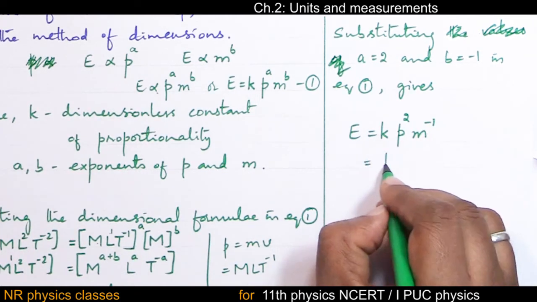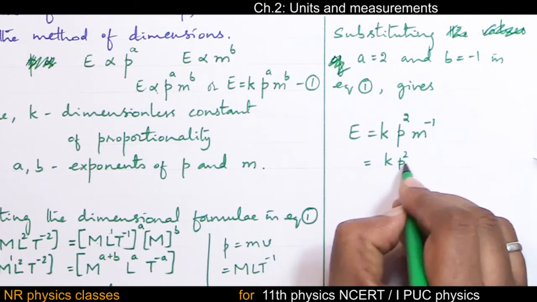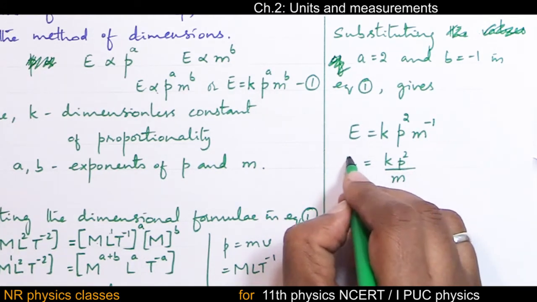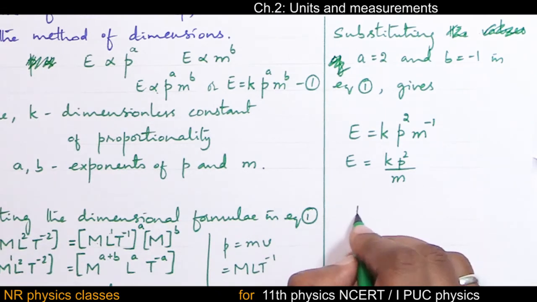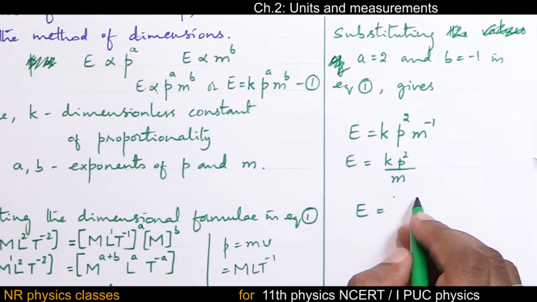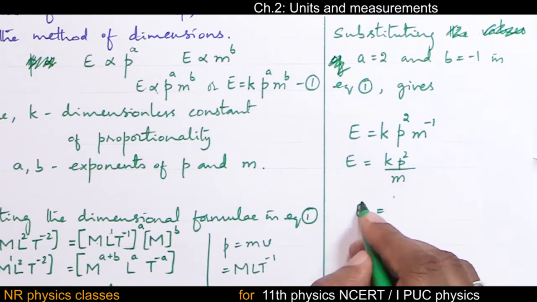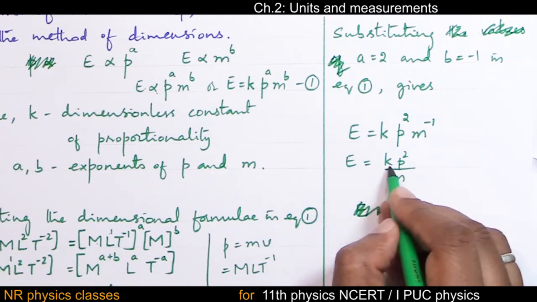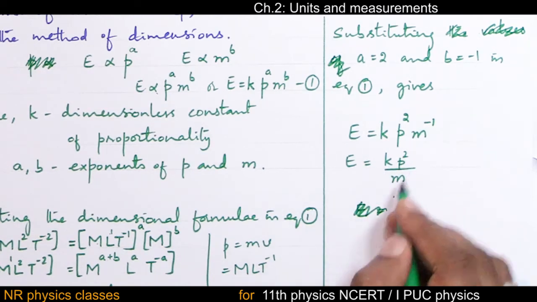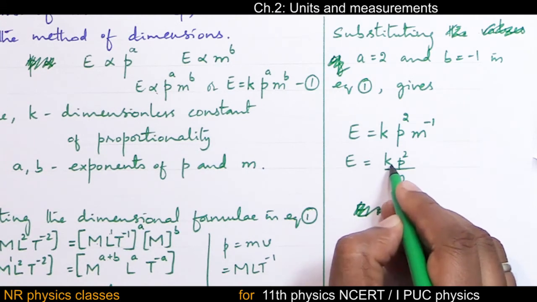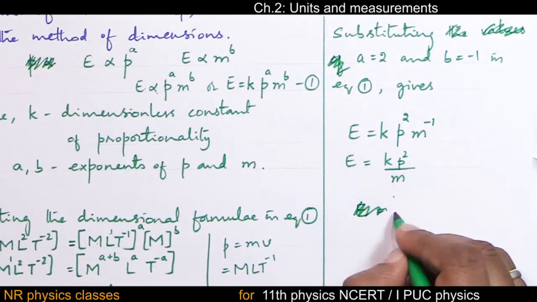Nothing but K P square by M. So kinetic energy equal to K P square by M. The value of K cannot be determined by the method of dimensions, that we have to mention.